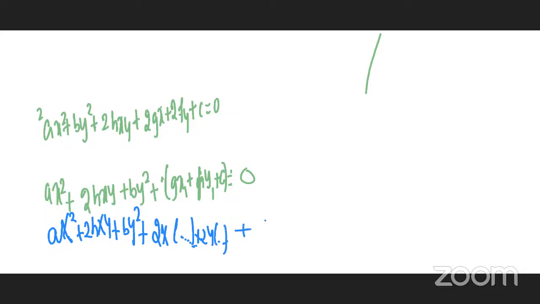We take all this as one constant and put it equal to 0 because we want to eliminate all these terms.